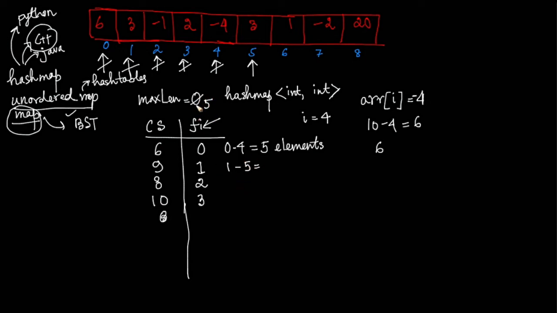If it is greater, I will replace the max length, or if it is not, I will not replace it. So how many elements were there? 1, 2, 3, 4, 5. Again 5 elements. Is 5 greater than 5? No, it is not. So I will not replace the max length. I'll keep it as it is and again I'll move forward.